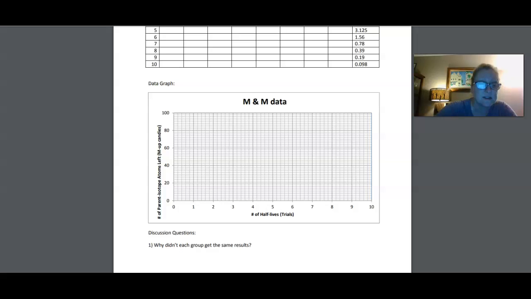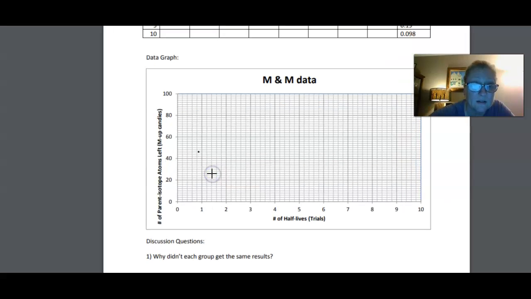Let's pretend that I'm graphing my data. I'm going to use black. So in one half-life, let's say I got right around 50. So I'm going to do that right there. So my half-life number 2, let's say I got right around 26.